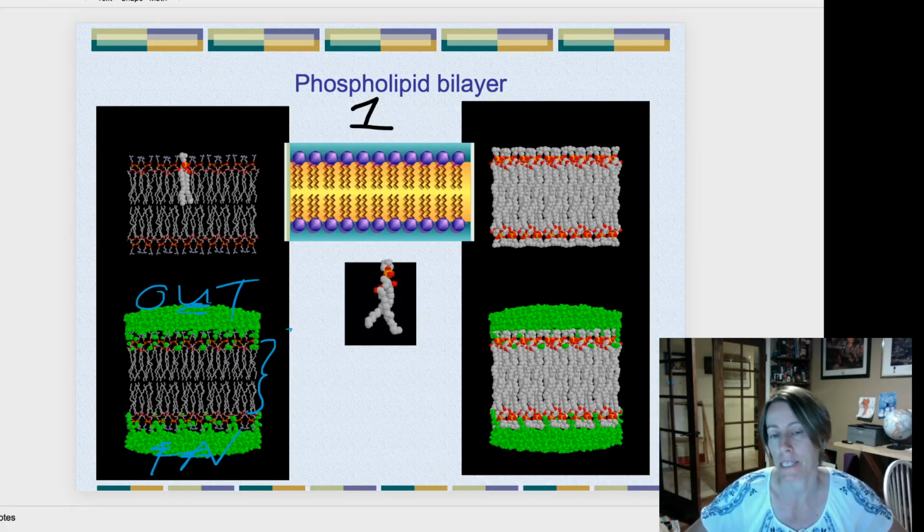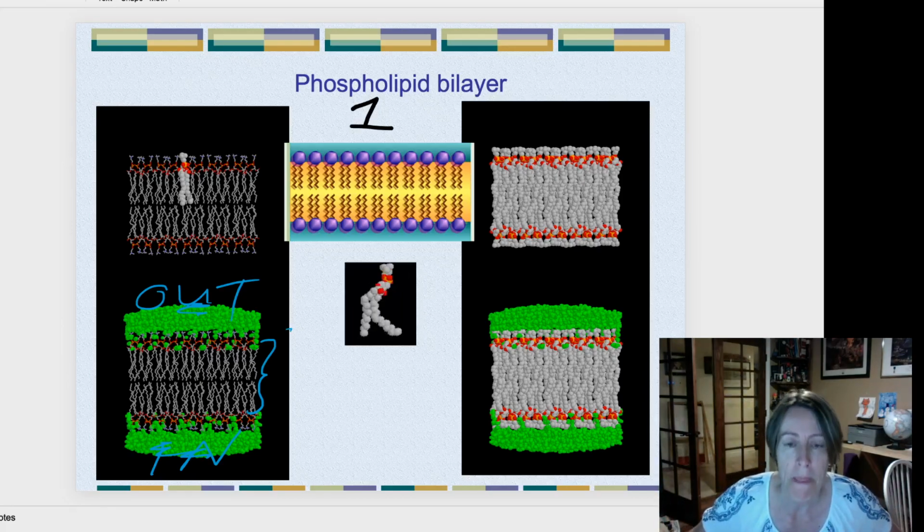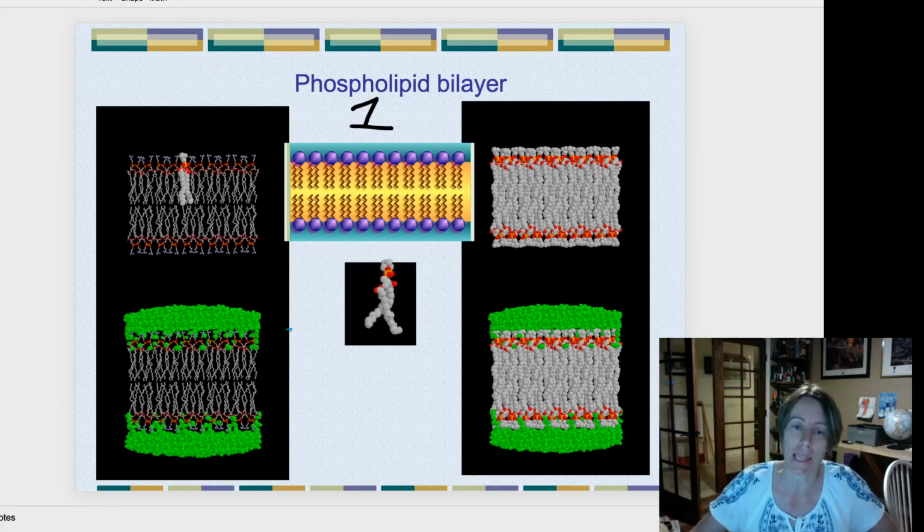So it represents the boundary between out and in. Now, obviously from this diagram, there's no way to tell which side is the out and which side is the in. I just labeled them arbitrarily. But you can see how the water molecules are kind of helping to keep this bilayer in place.